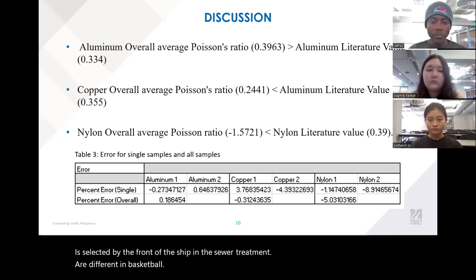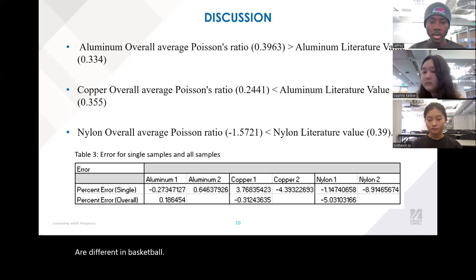For the copper, the average Poisson's ratio is slightly lower than the literature value, indicating possible outliers, but reasonable accuracy with minor inconsistency during the experiment. For nylon, the average Poisson's ratio is highly unexpected.